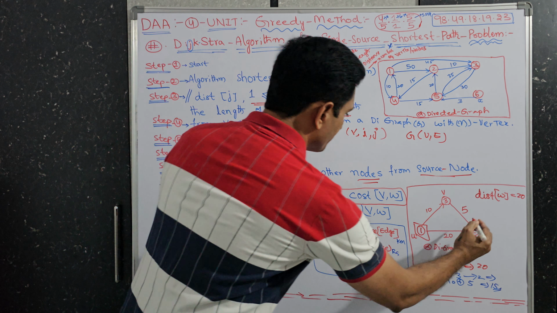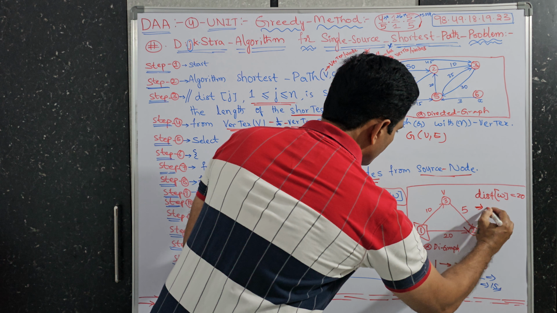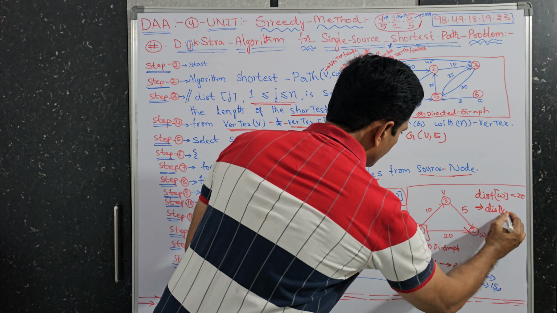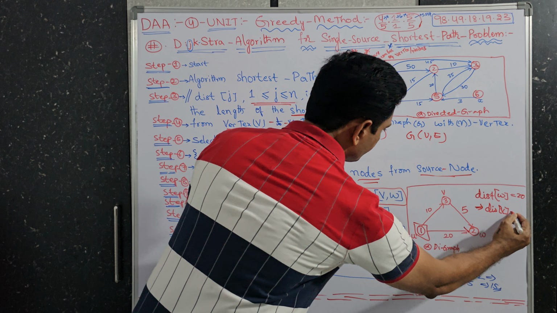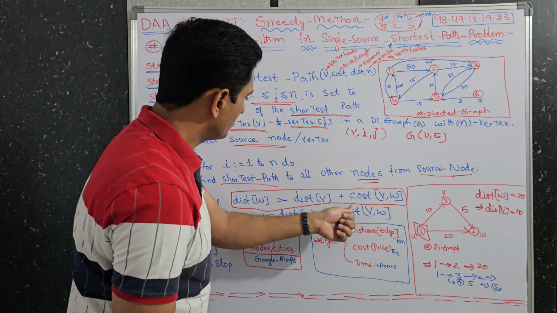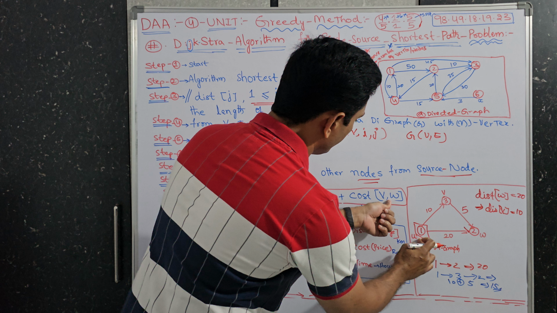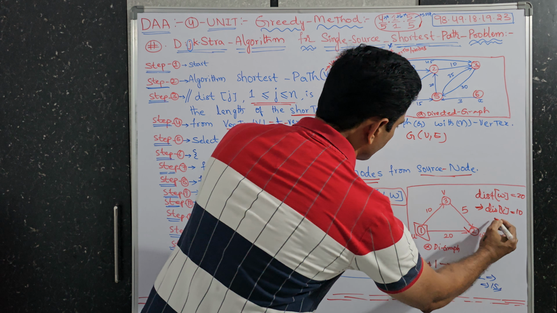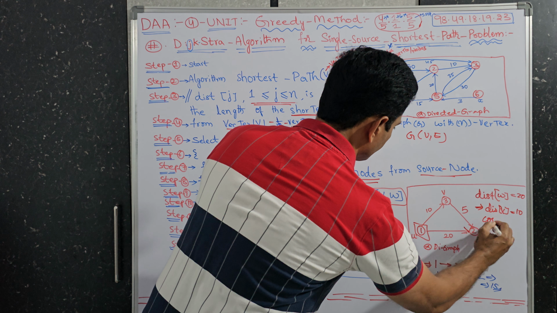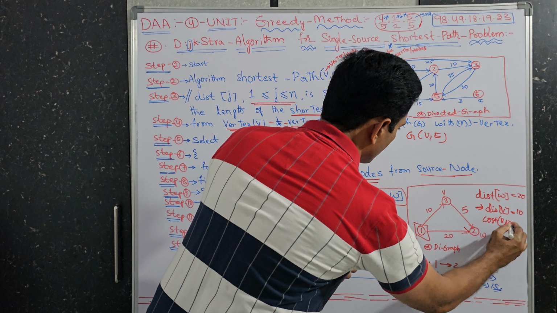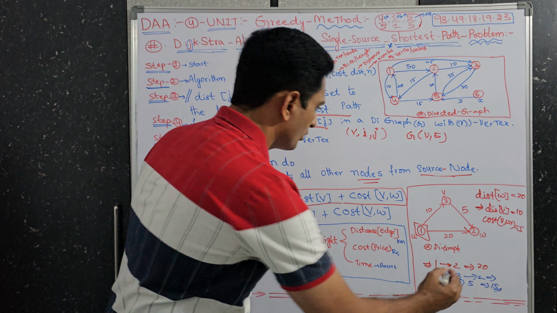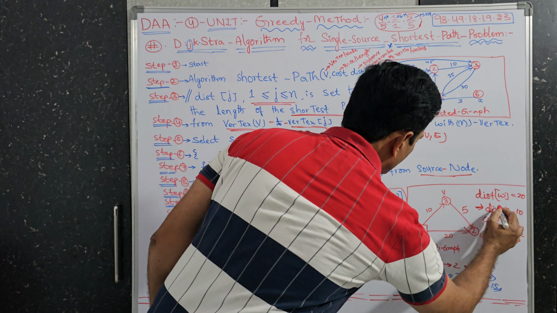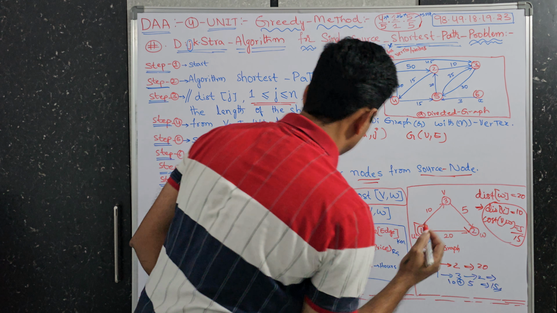Distance V, that is here 10, and cost V comma W, that is 5. So your total distance is 15. So this is the smaller one.